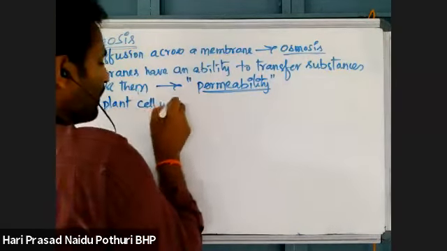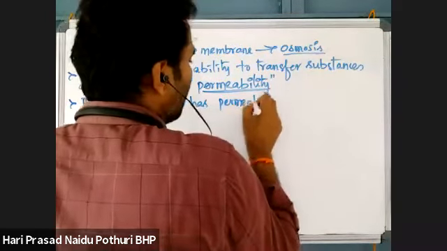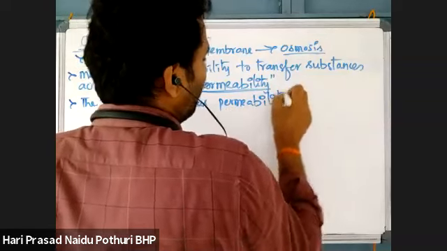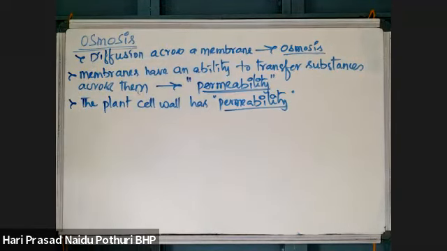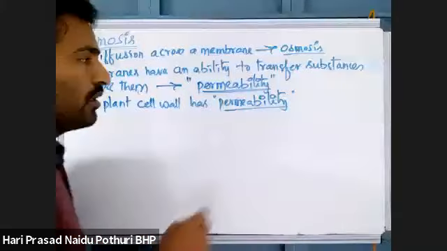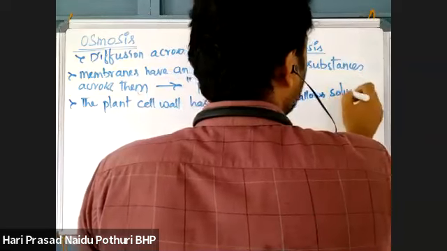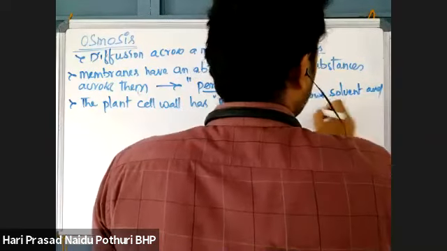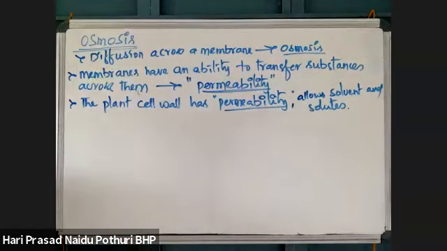Okay, if you see here, the plants have a membrane covered with cell wall. The plant cell wall has full permeability. Under the cell wall topic in the cell lesson, we explained this. Cell wall is highly permeable, because it allows both solvent and solute particles to cross.